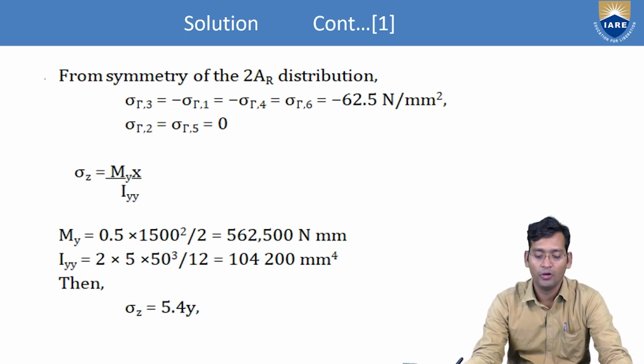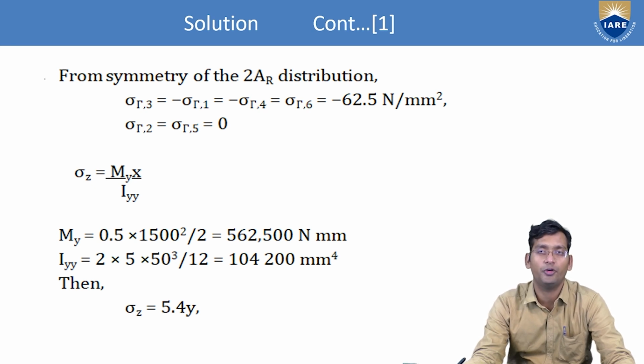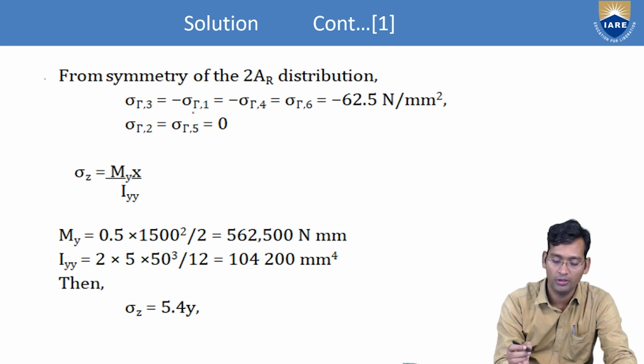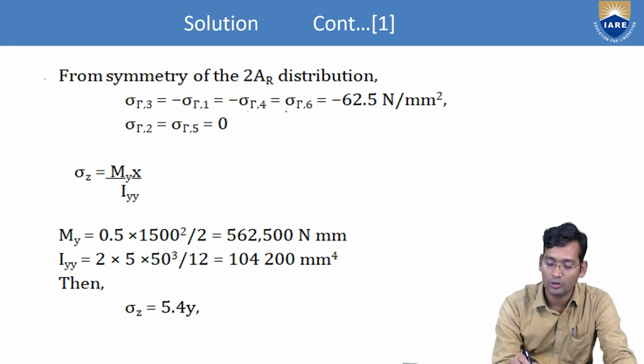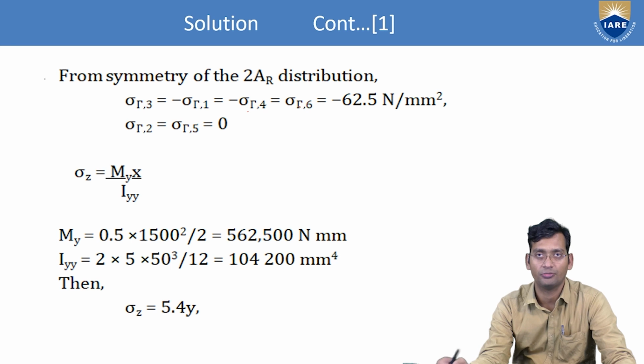Now for the symmetry of the 2AR distribution, what happens? Sigma tau 3 will be equal to sigma tau 1, that is equal to sigma tau 4, and from here that also equals sigma tau 6.